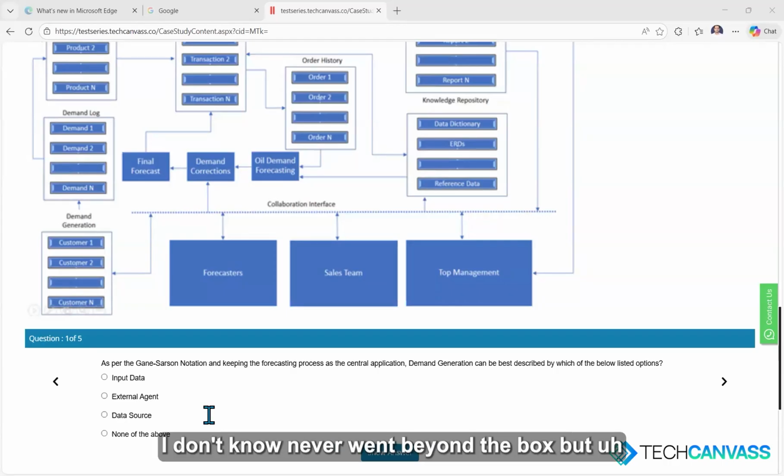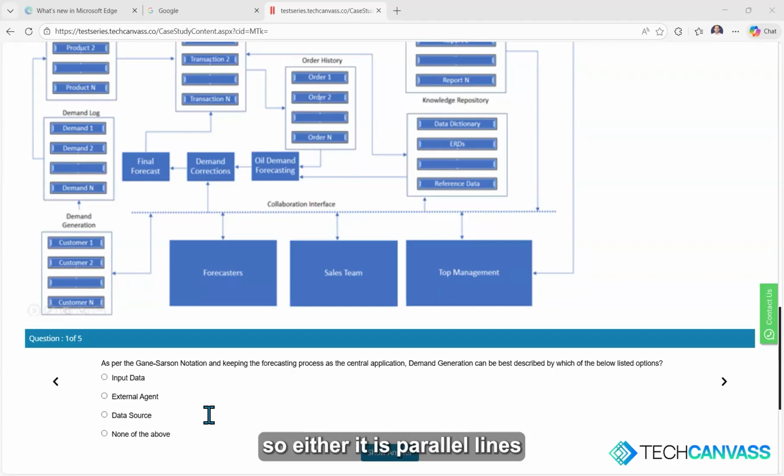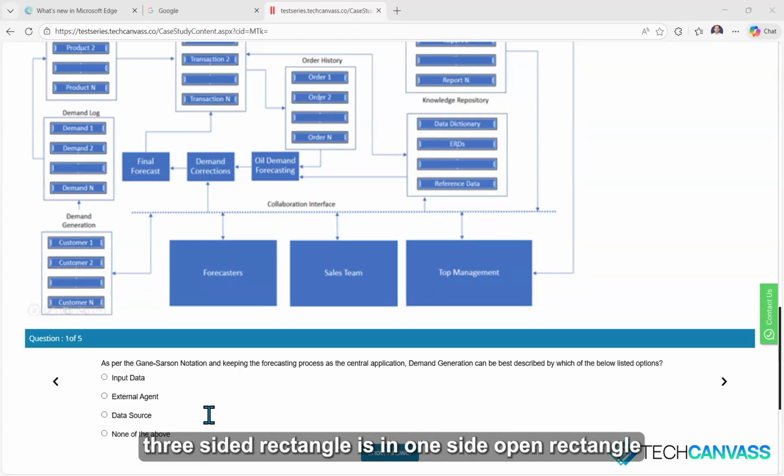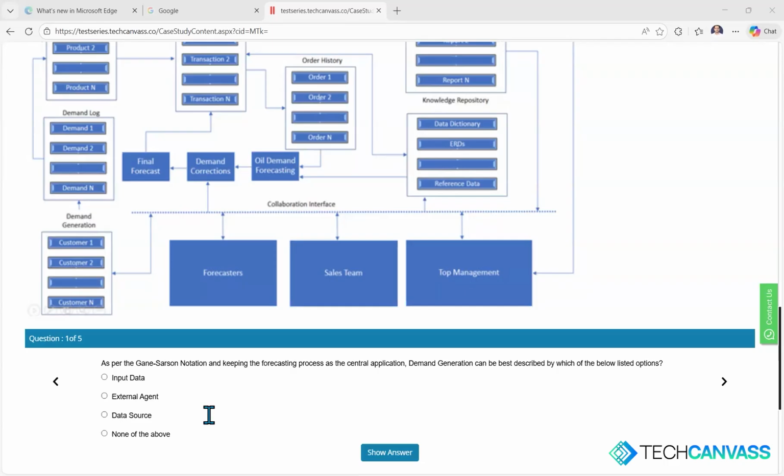I don't know, I never went beyond BABOK. But Gane-Sarson and Yourdon notation, right? So either it is parallel lines, or it is a three-sided rectangle. A three-sided rectangle is a rectangle with one side open. Remember that? So does it look like this?